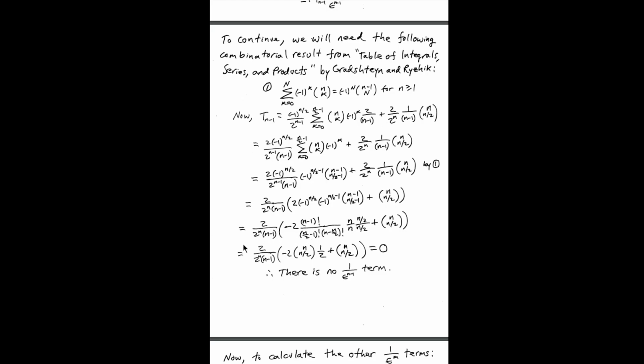And so we get down here, this whole thing will equal 2 over 2^n (n-1), times the quantity minus 2, and choose n/2 times our 1/2, plus n choose n/2. Of course, combining those two terms will equal 0. Therefore, we have shown that in actuality, there is no 1 over epsilon to the n-1 term, simply because we have shown that t sub n-1 is 0.